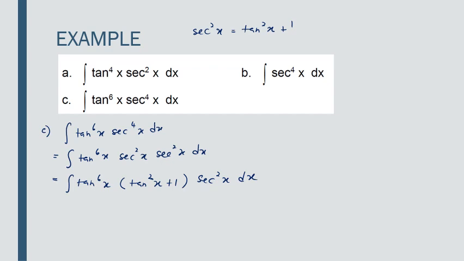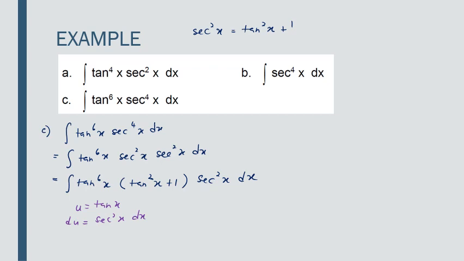Okay, we have gone into the identity. Next, use u substitution. So u is equal to tangent x, so du equal to secant square x dx.